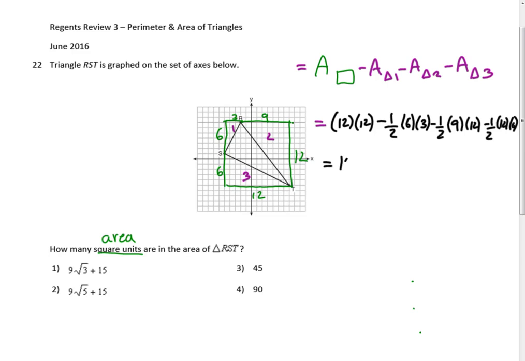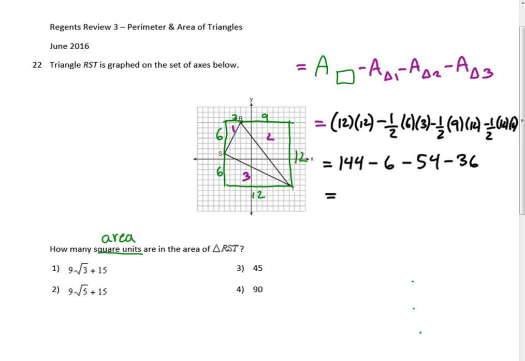So 12 times 12 is 144. Half of 6 is 2, 2 times 3 is 6. Minus 54, minus that's 12 and 6, so that would be 36.